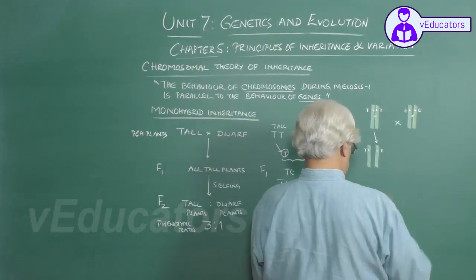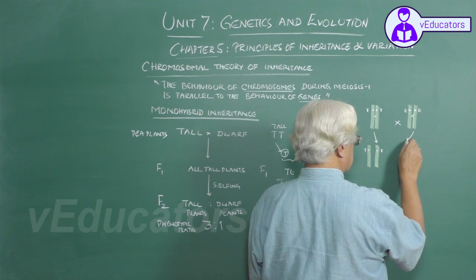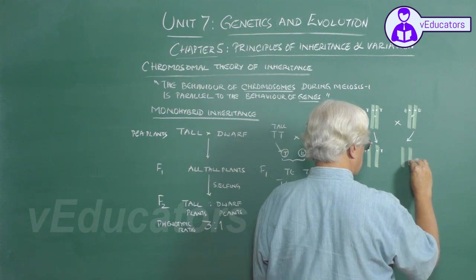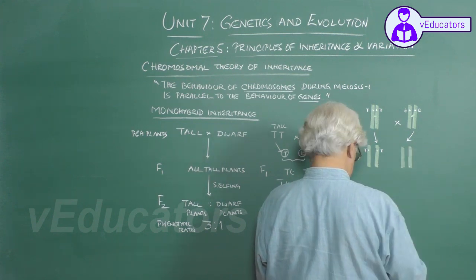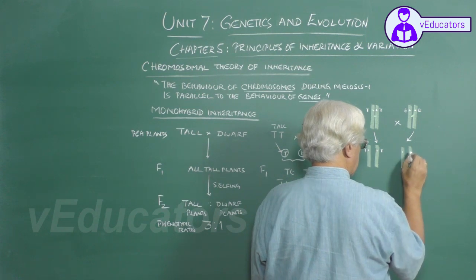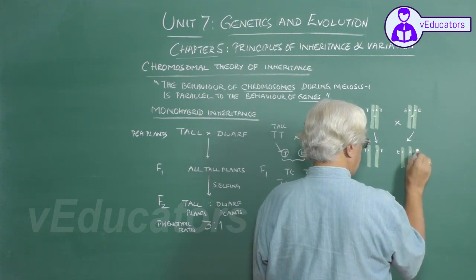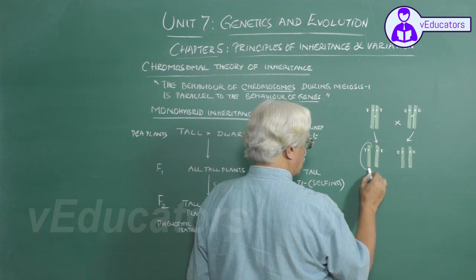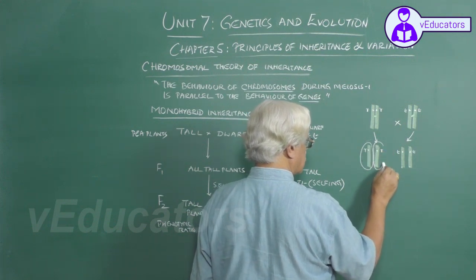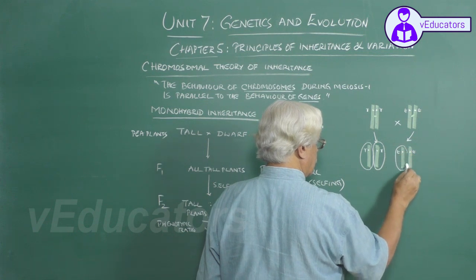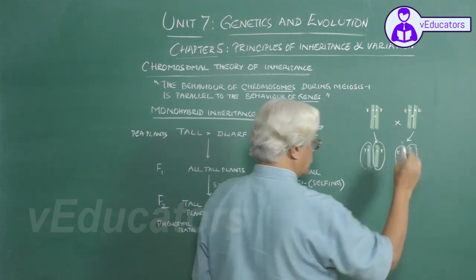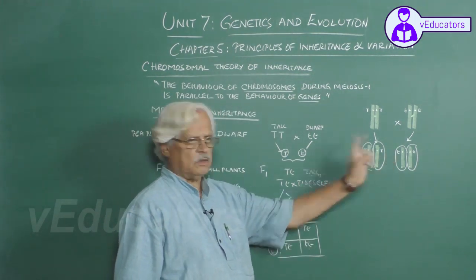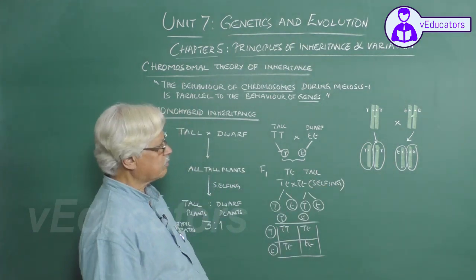Similarly here, the two homologous chromosomes separating. So these are the gametes. In other words, 50% of the gametes carrying capital T, 50% of the gametes carrying small t.